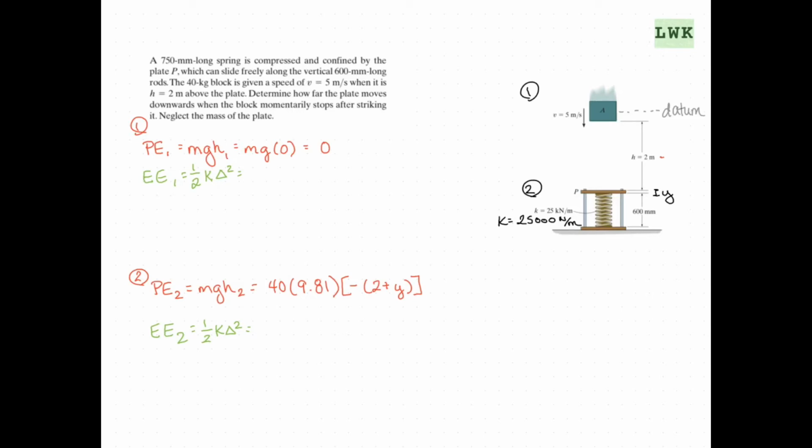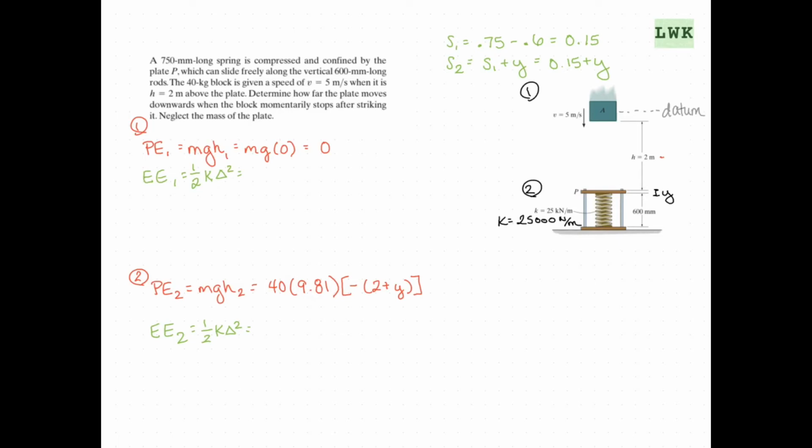As an aside, our s1 is going to be equal to 0.75, converting our millimeters to meters here, minus 0.6, and that'll be equal to 0.15. And our s2 is going to be equal to s1 plus our y, so 0.15 plus y. We can use those to plug in for our displacement.